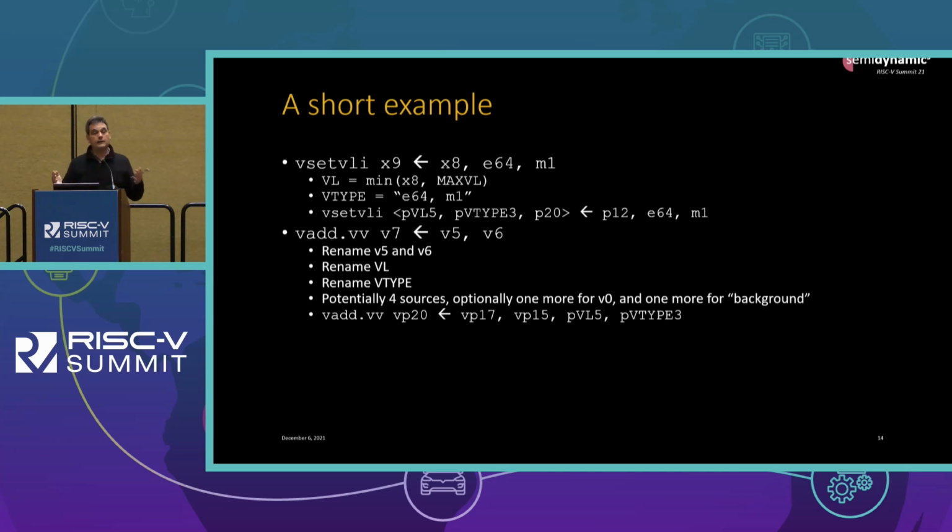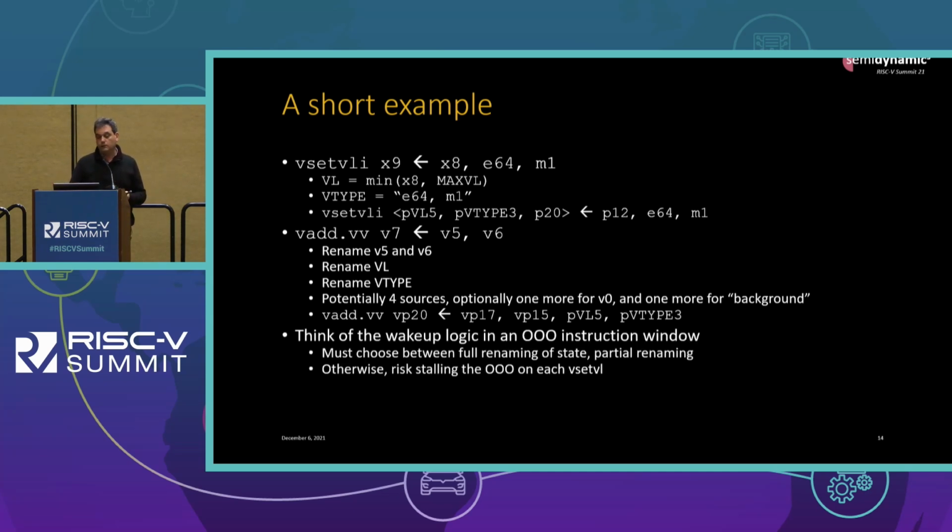Now, you can actually take middle positions. You may not go full extreme in this. You could say, hey Roger, why don't you just gang together VL and vtype? Fair enough. Or why don't you do other tricks? But I'm trying to highlight, if you wanted to do the ultimate out-of-order machine, those are sources that you need to consider in your out-of-order window. Of course, you can always say, when I see a vsetvl, I'm going to be really scared. I'm going to stop at the decoder and wait until the machine drains. That's a valid implementation, but obviously not great performance.